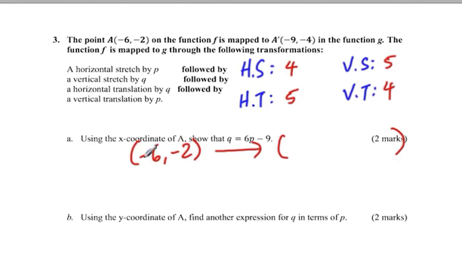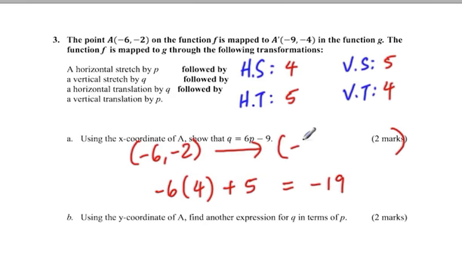So what I would do in this case, I would take my x-coordinate, -6, and since there's a stretch of 4, I'm going to multiply it by 4, and then I'm going to add 5 because it's a horizontal translation of 5, right? And that's going to be -24 plus 5, so it's going to be -19.